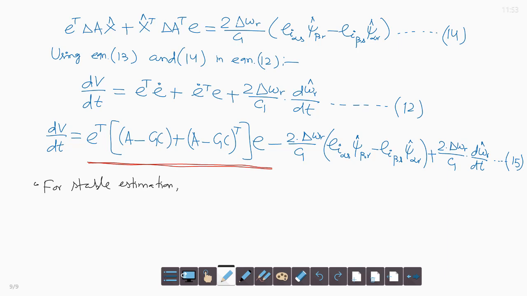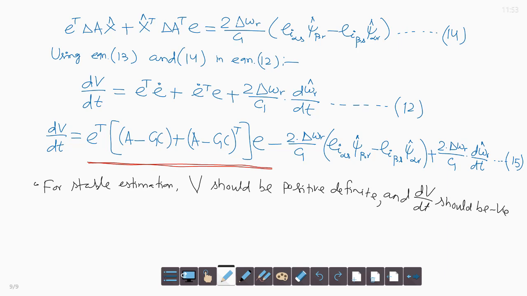We should have V positive definite. It is a Lyapunov function. V must be positive definite, and dV by dt as per Lyapunov's criteria should be negative or at least 0, negative or 0.